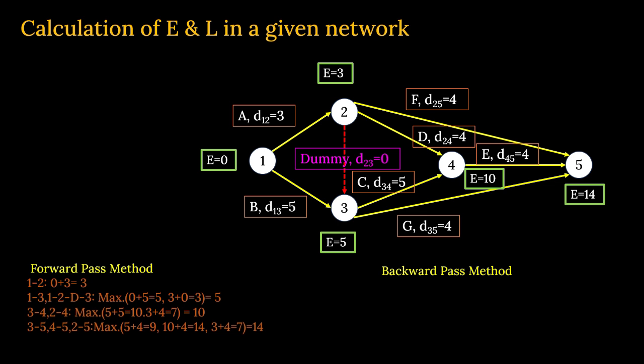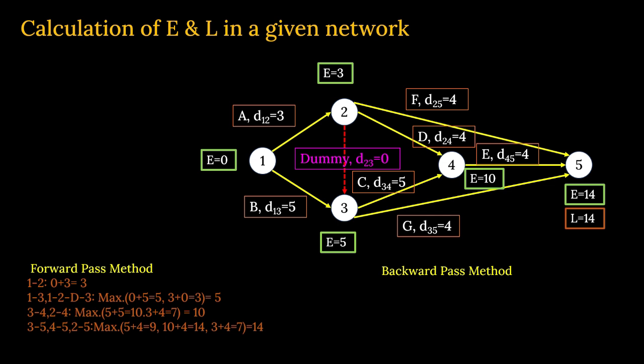Now we'll apply the backward pass method. That means start from back, go to the front. Now you have to consider one thing first, that at this point where the earliest finish time is 14 for the entire project, that will be your latest finish time.